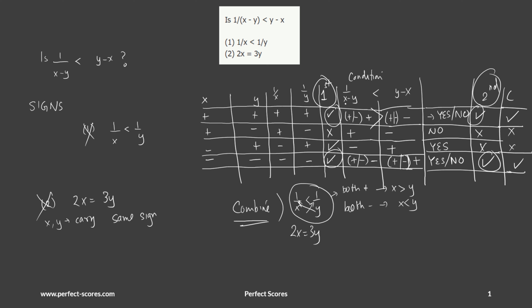So in this case, both are positive and both are negative, the sign flips, and you always get this to be true, so you will always be getting a no here. So combining both the statements, it's sufficient. Hence answer option C is my answer.